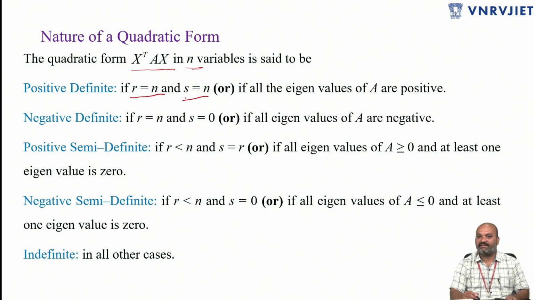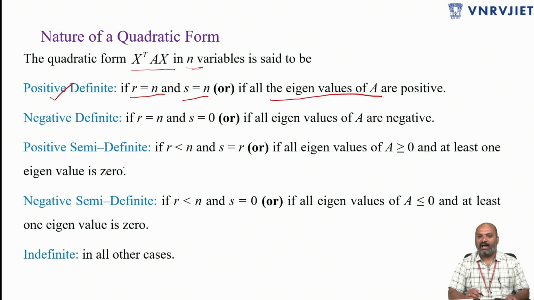So r equals n and s equals n. What is the meaning of s? S is the number of positive terms in the canonical form. All terms in the canonical form are positive. In other words, A is the matrix of the quadratic form; just find the eigenvalues of the matrix A. If all eigenvalues are positive, the nature of the quadratic form is said to be positive definite.